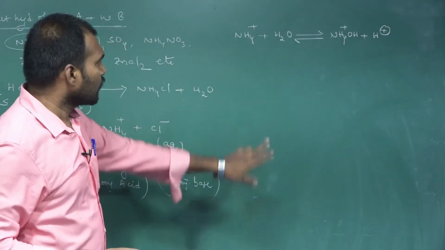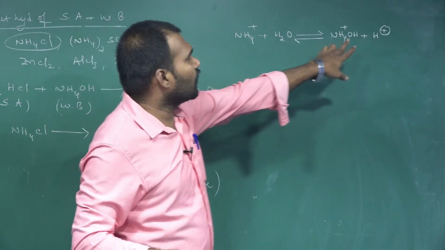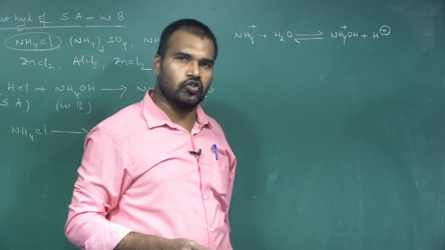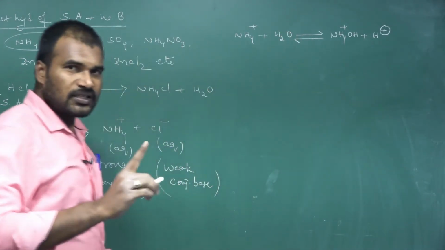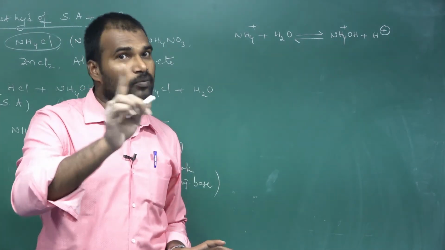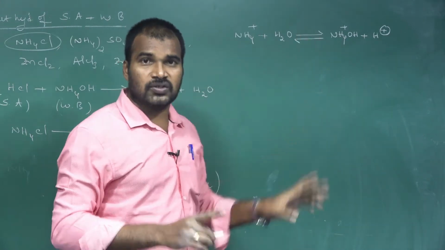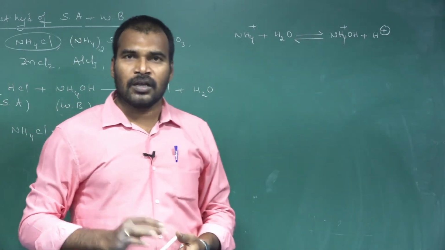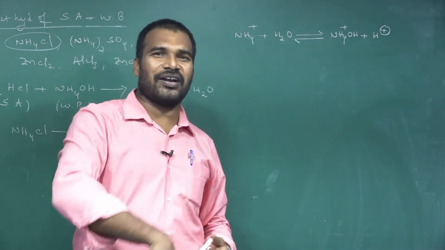I told you already, if there is cationic hydrolysis, it furnishes H plus ions into the solution. And one more thing, all types of salt hydrolysis are reversible reactions. That is why I am drawing double-headed arrows. It's a reversible reaction. And salt hydrolysis is quite the reverse reaction of neutralization.